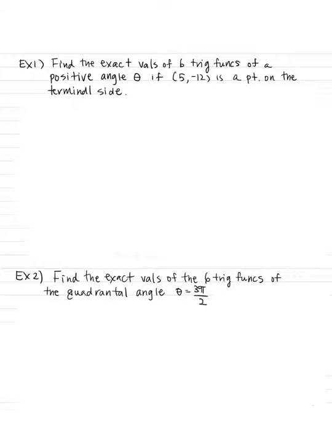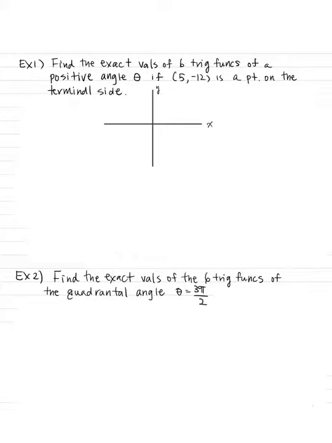So I always like to draw the picture and see what's going on. So let me just draw the picture out here. Okay, so let's call this x-axis and then y-axis. And 5, negative 12. So x is 5.